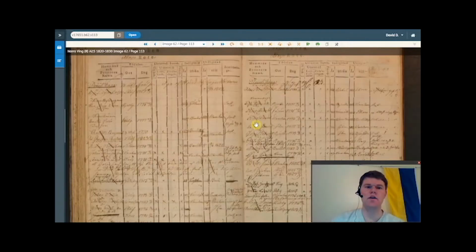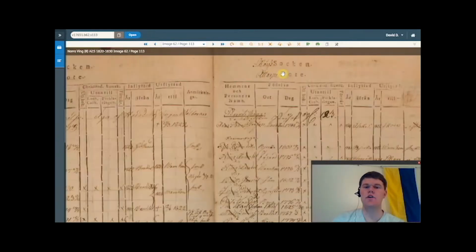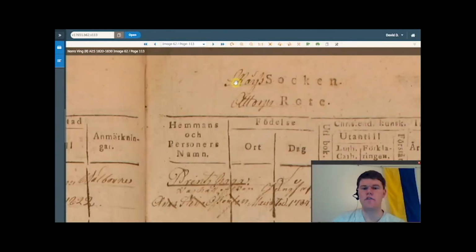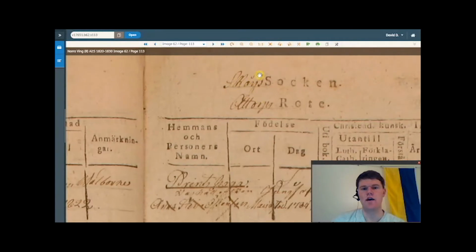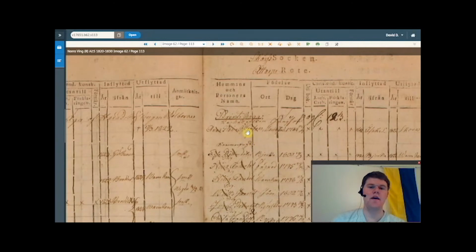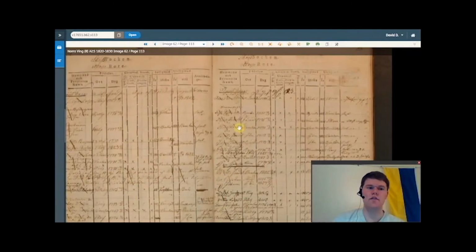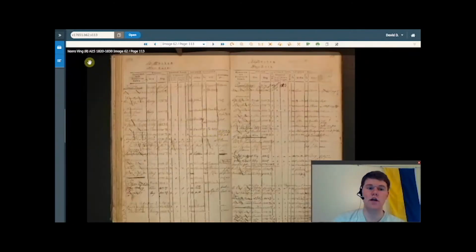She's living in the parish of this right here, SKA, etc. And it is in the book that also includes this place right here, Nora Ving. So this is the starting place.